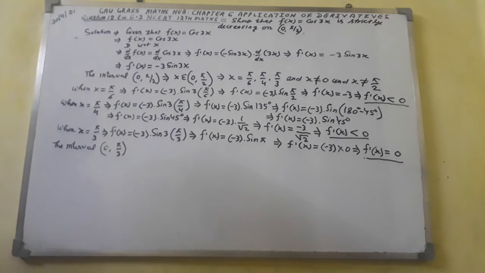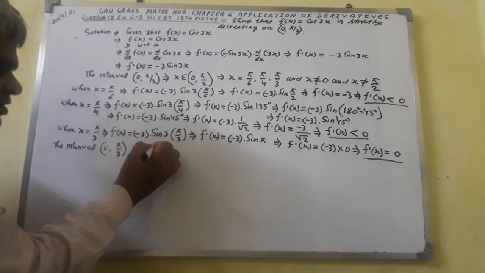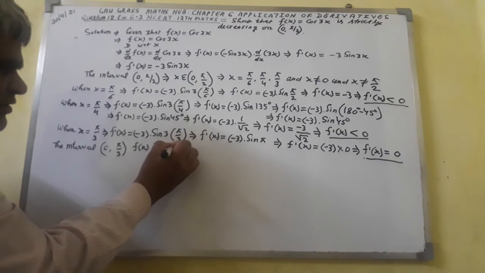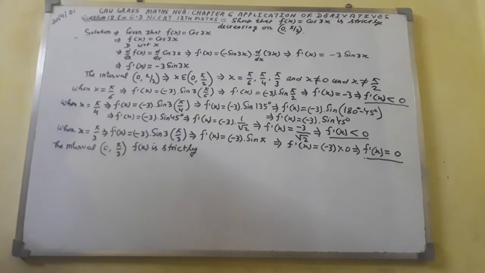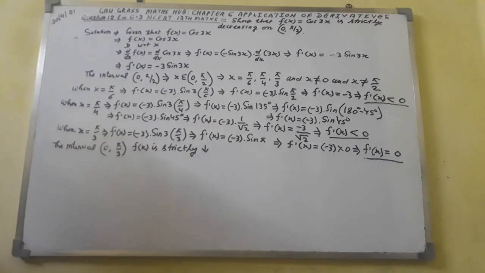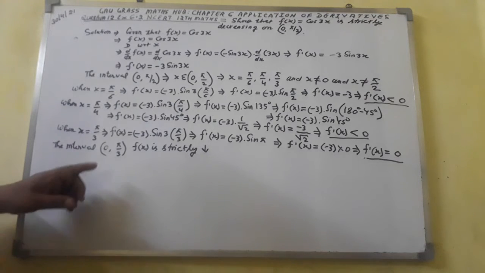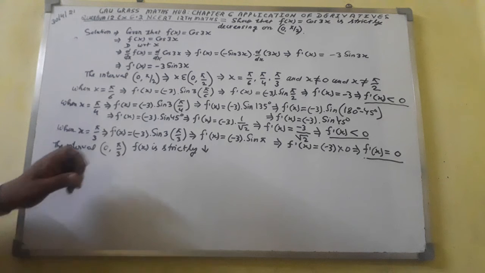So in between, in this interval, f of x is strictly decreasing, because the interval is open interval 0 comma pi by 3.